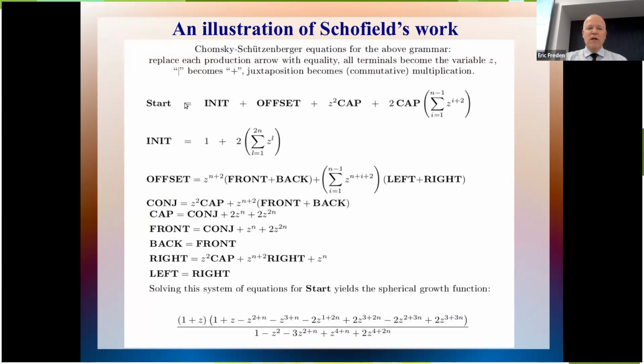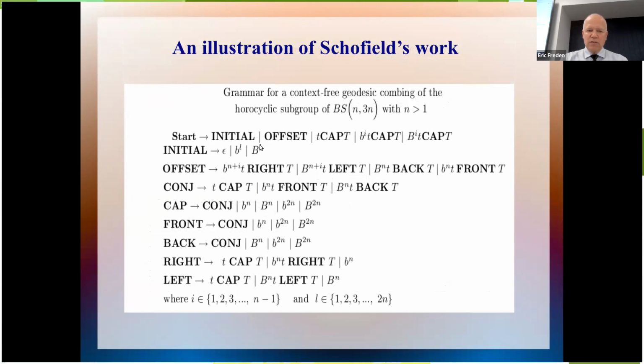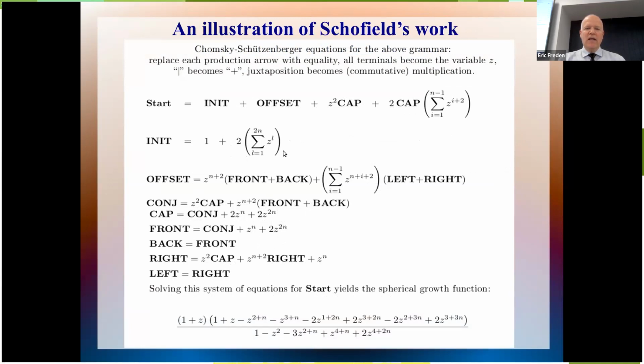The implications for the grammar variables become equals. These become variables of z. Your b power becomes a z to the l. Little b to the l also becomes a z to the l. Epsilon becomes a 1. These ors become pluses, and you get a system of equations, and you can solve it.